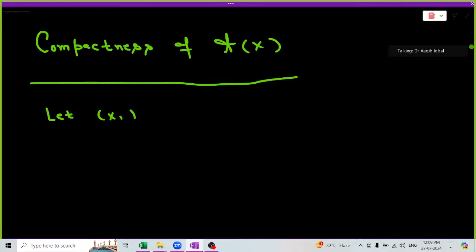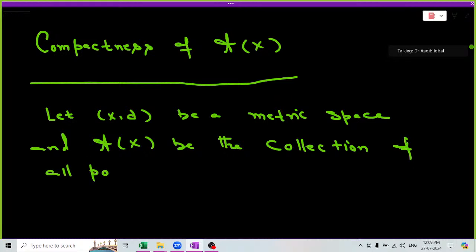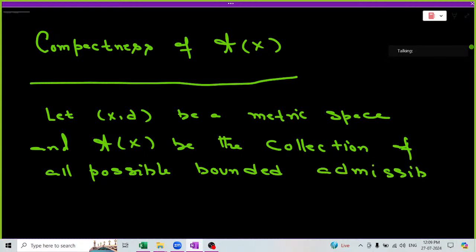Let (X, d) be a metric space and AX be the collection of all possible bounded admissible sets in (X, d).